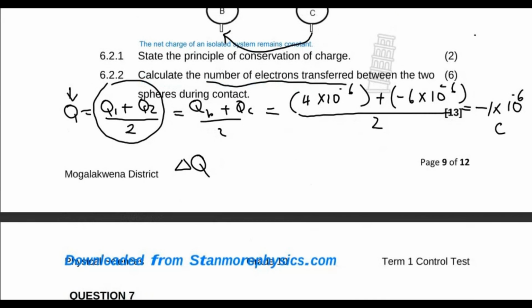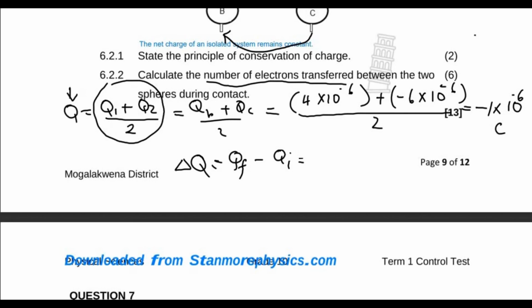So you say the change in Q equals the final charge on sphere B, because that's where the charge has been transferred to. We want to see how much charge was transferred. If we know how much charge was transferred, we'll know how many electrons.